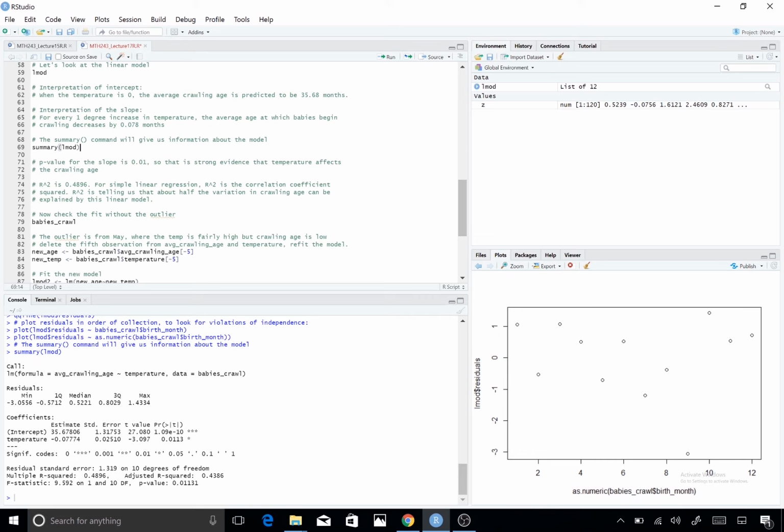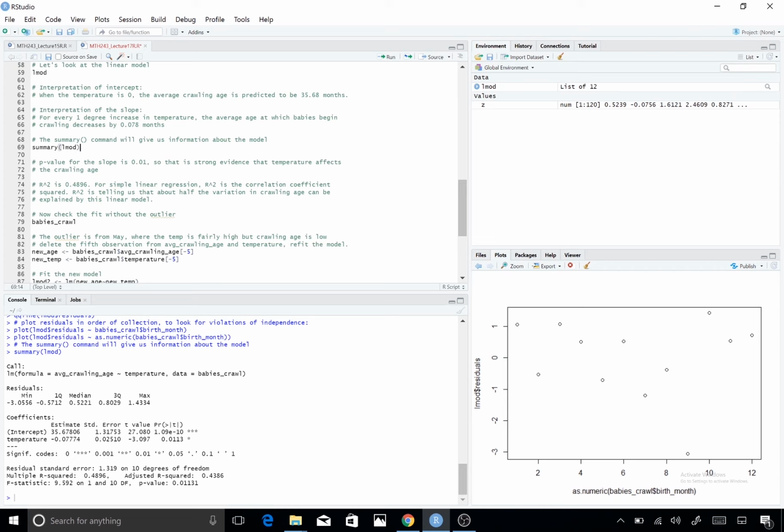The p-value is 0.0113, which means at the 0.05 level, we reject the null hypothesis and conclude that the slope parameter is different from 0. We conclude that the temperature is a significant predictor of the average crawling age.